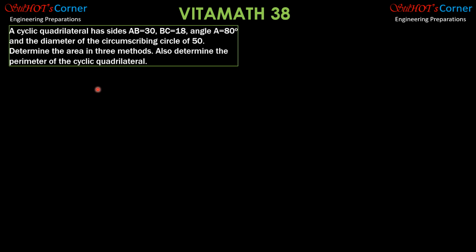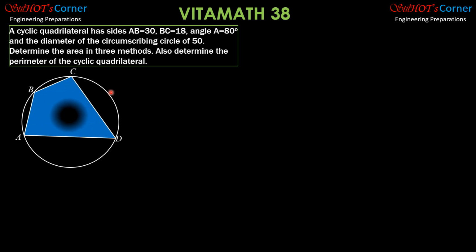As of the moment, since I haven't yet derived other important theorems on cyclic quadrilateral and I haven't yet derived the formulas, let's have the basic approach: the properties of intersecting chords of a circle and the fact that the area of a quadrilateral is the area of one triangle plus the area of another triangle, and the area of a triangle is one half the product of adjacent sides times the sine of the angle included.